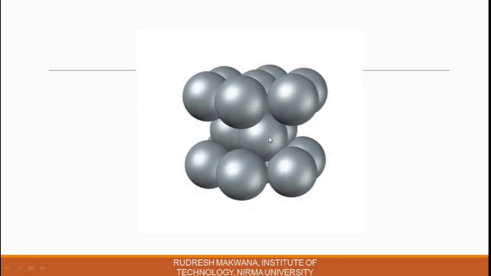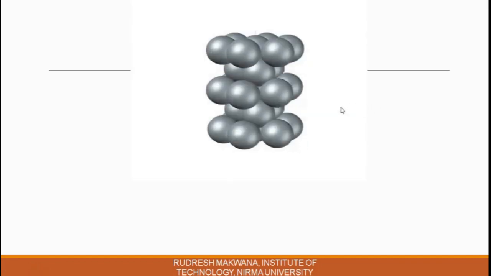And then again if we consider one more such unit cell on top of this, there will be 3 more atoms. That is visible in this figure, right? So this is the unit cell which we have considered in the previous figure, and if we consider one more unit cell on top of it, then the face center atom which is on this face will be touching these 3 atoms as well, right?